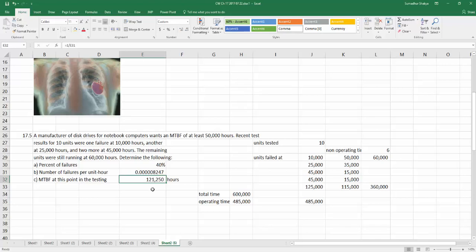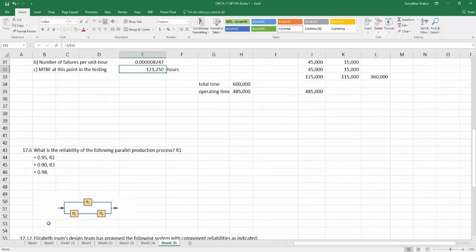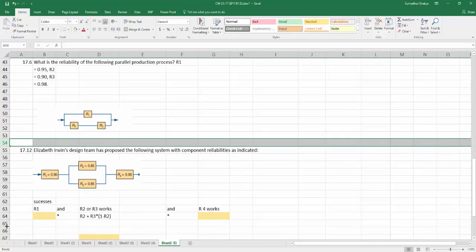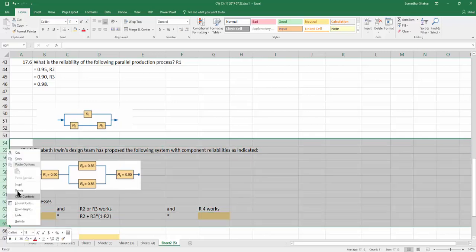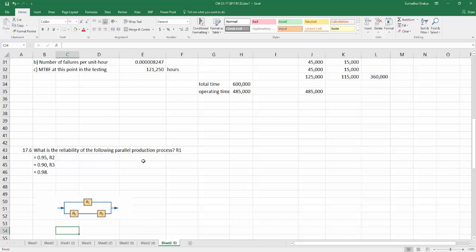Okay. Now comes the next type of variation, wherein, let's say insert. Now we are asking what is the reliability of the following parallel production process.